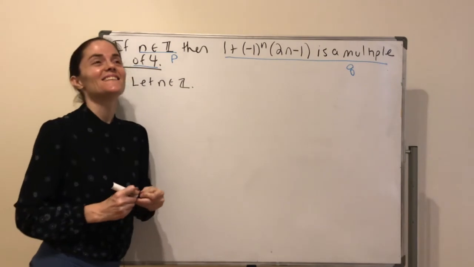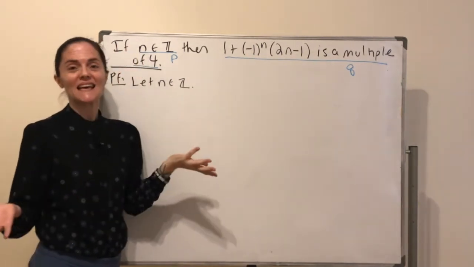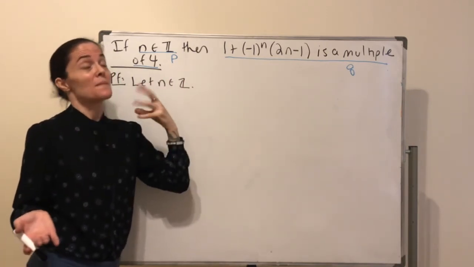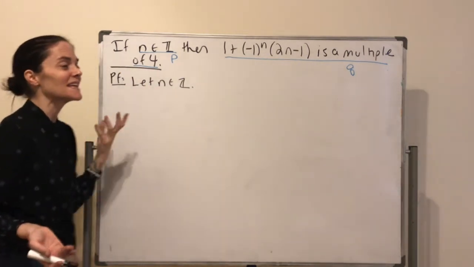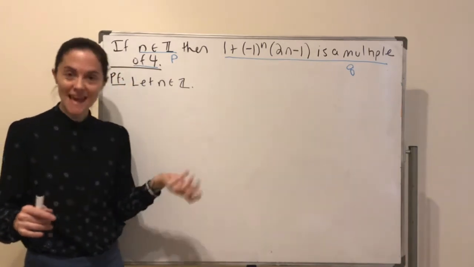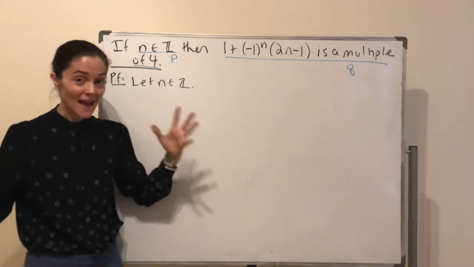You see, depending on whether or not n is even or odd, minus 1 to the n is either 1 if n is even or minus 1 if n is odd. And so that suggests that breaking this proof into cases based on n being even or odd could help us.